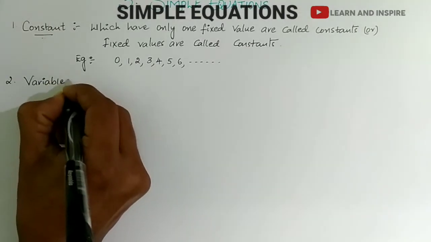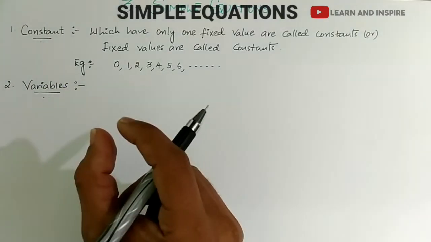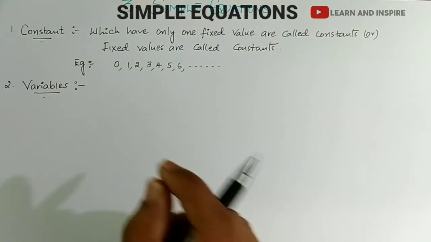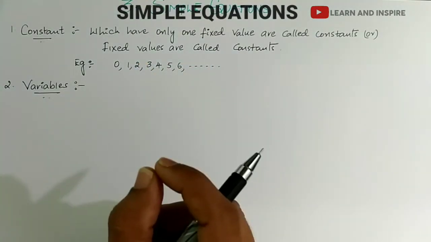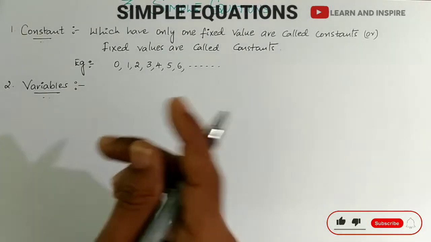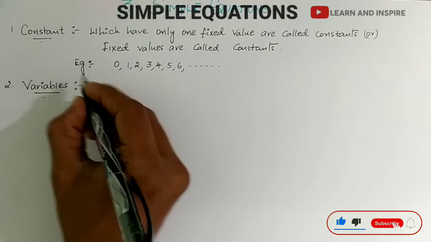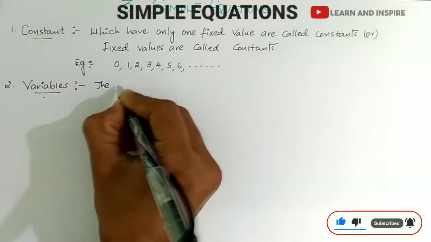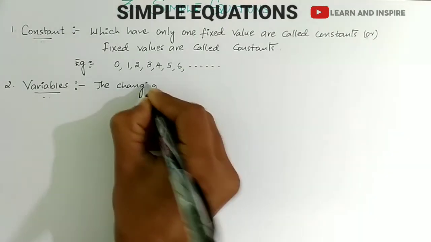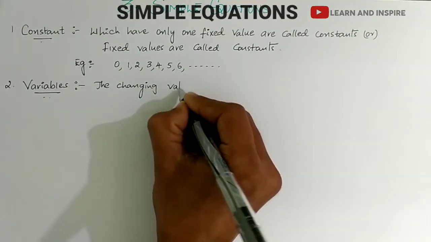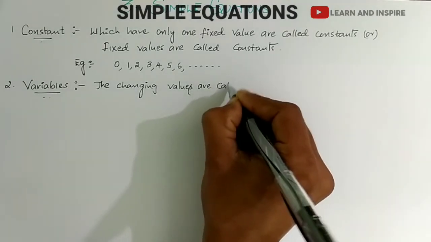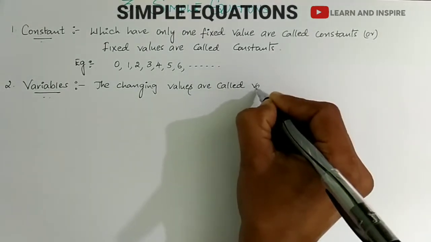A variable is a symbol which can take various numerical values, or simple definition for variable, the changing values are called variables. So we write the simple definition: the changing values are called variables.